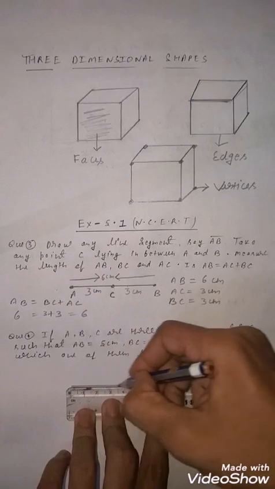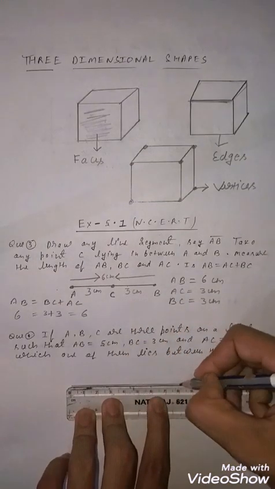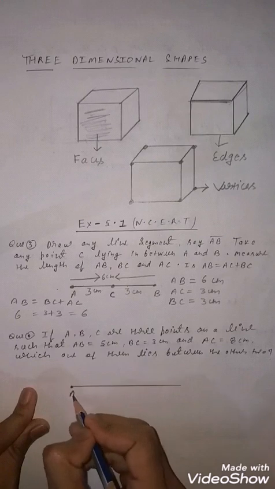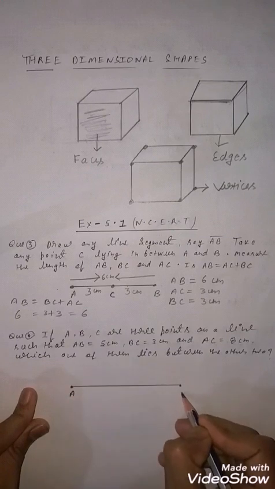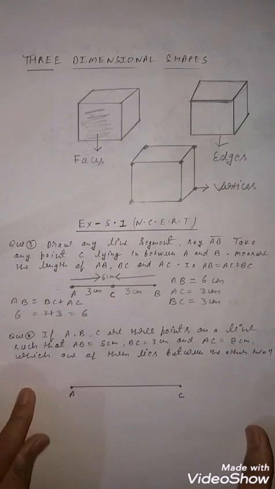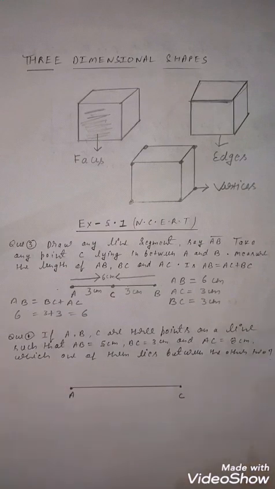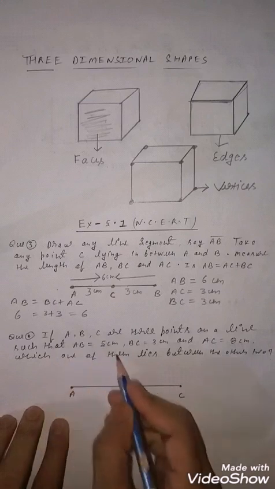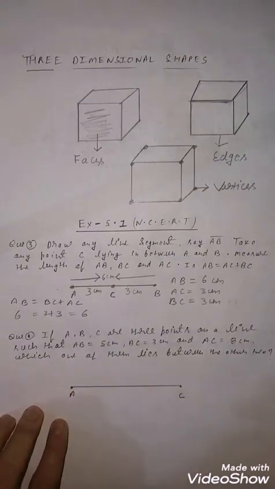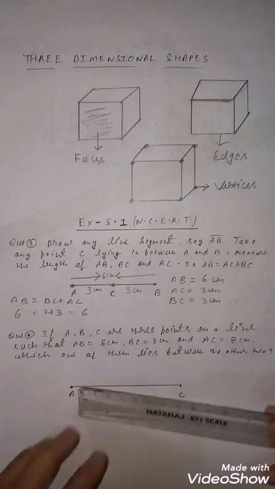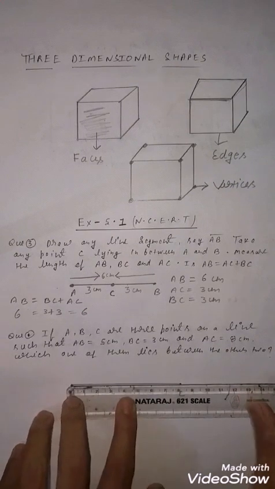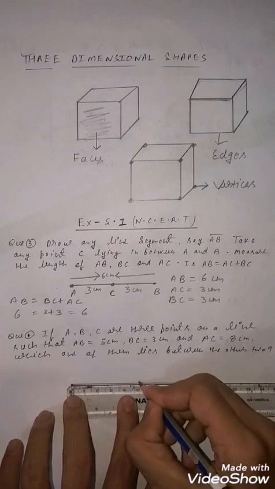So from here you will draw AC and give the name A, C. Clear, student? This is AC. Now next is AB equal to 5 centimeter. So from A to B you will measure, and this one will be 5 centimeter.